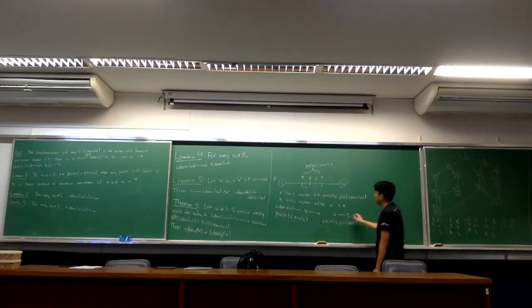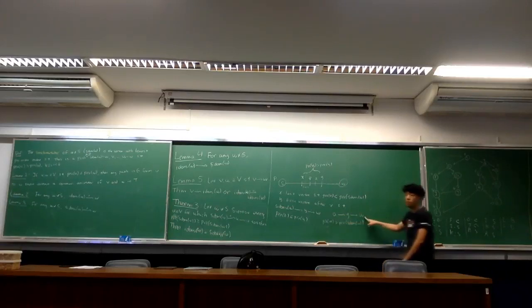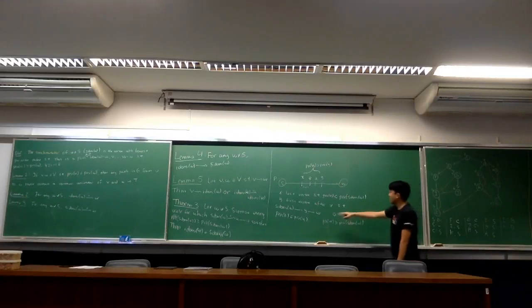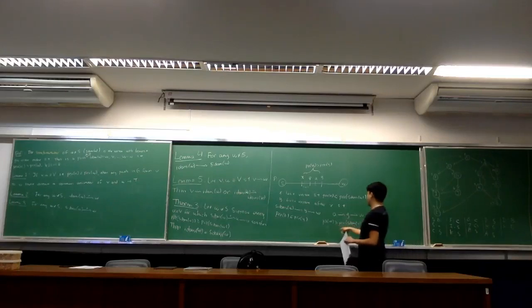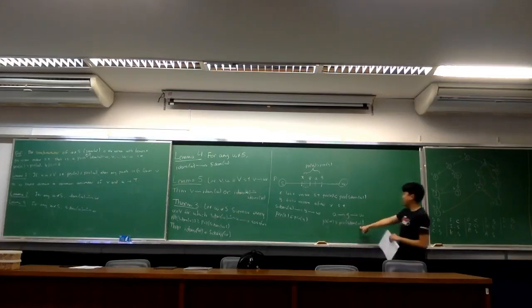But Y is an ancestor of W, which means A is also an ancestor of W. Right, so A lies on the path from S to W in the DFS tree. And A has a preorder that is greater than the preorder of the semi-dominator of W.